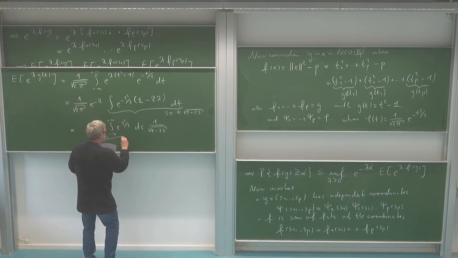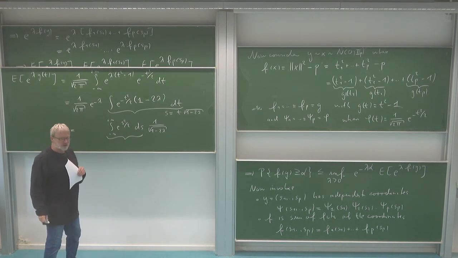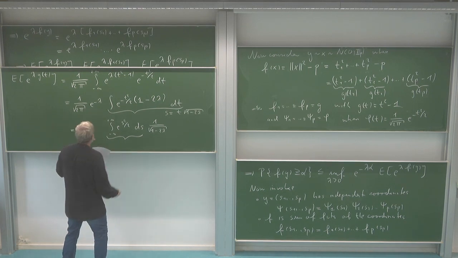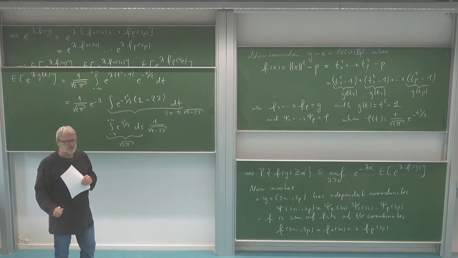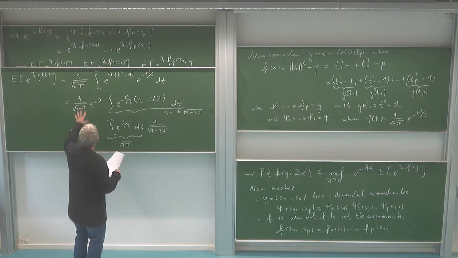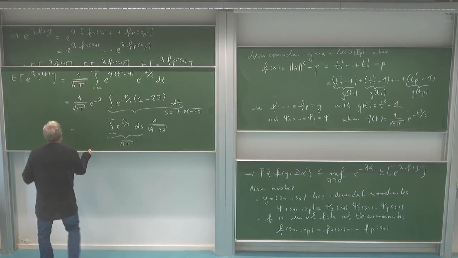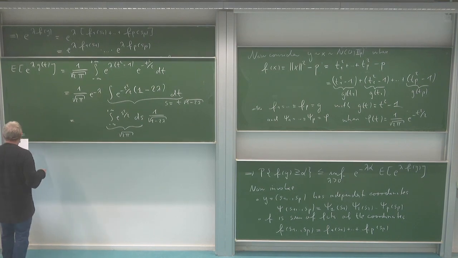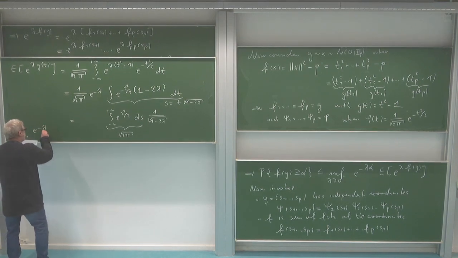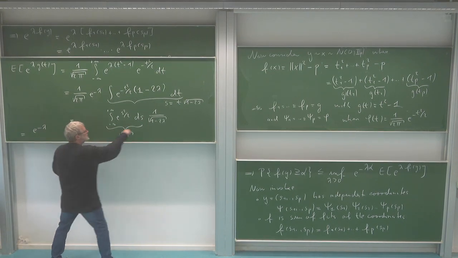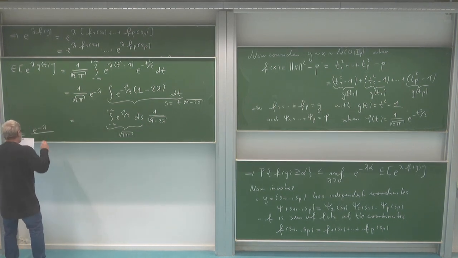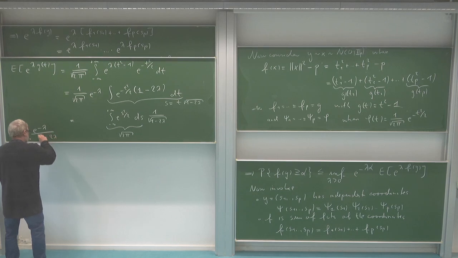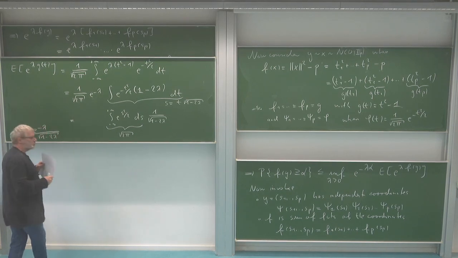And this integral, that's our usual Gaussian integral, which is exactly square root of 2 pi. That's the normalization of our Gauss distribution. So you see this goes away with this. And so what we are left with is just e to the minus lambda from here, and here we have this factor, divided by the square root of 1 minus 2 lambda.